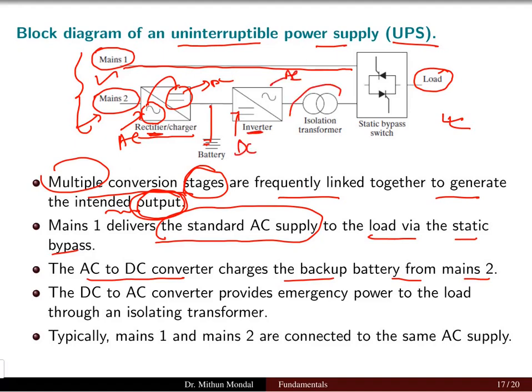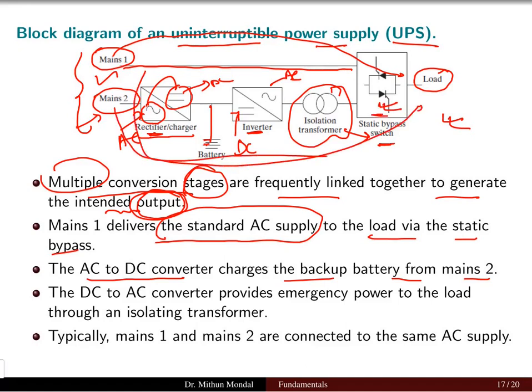Then you have a transformer connected, and then the static bypass switch. The supply mains 1 is connected to the load by the bypass switch, or mains 2 is also connected to the load by a bypass switch, but multiple stages of the conversion process are there, like the rectifiers, inverters, and the transformers. So this is the block diagram of an uninterruptible power supply, UPS, using power electronic devices.